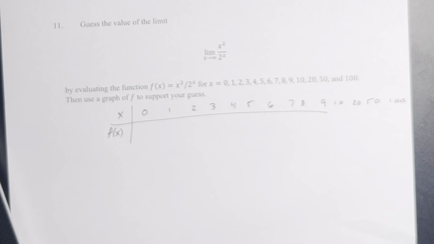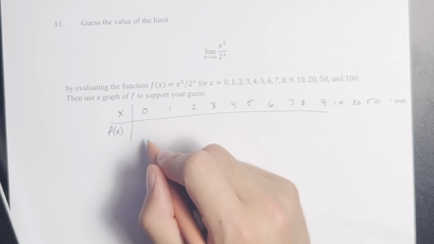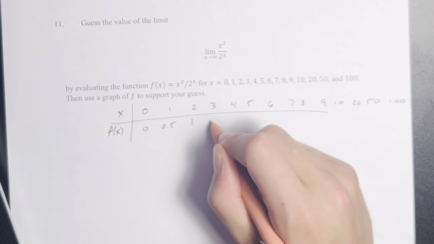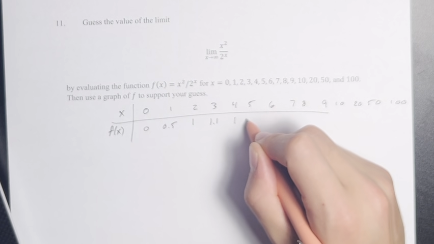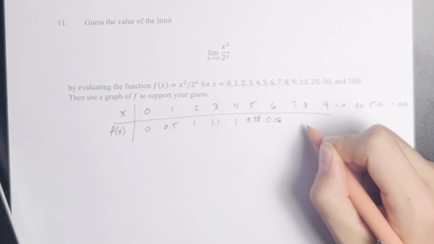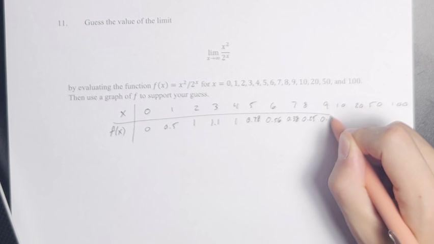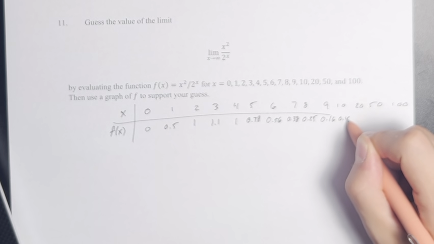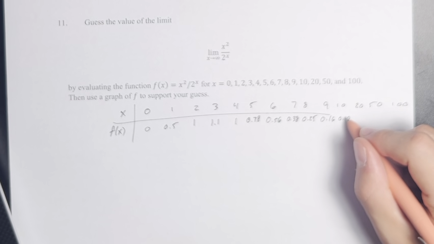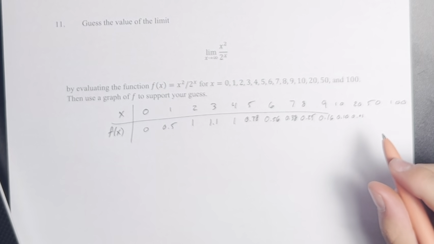And the values that we're going to get out for f of x, again, you can just plug this into your calculator. Doing some rounding, we have 0, 0.5, 1, 1.1, 1 again, 0.78, 0.56, 0.38, 0.25, 0.16, 0.10, 0.01, and then it gets very, very small very, very quickly.